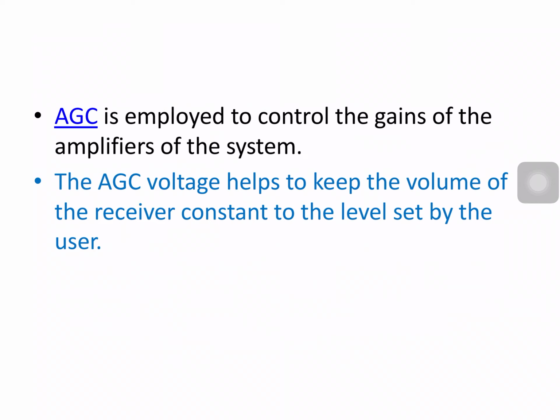So what you have to do now is draw these two block diagrams: the double conversion method of communication receiver and the FM demodulator block diagram, from the internet or from a book, from anywhere. This FM receiver block diagram and this double conversion communication receiver block diagram need to be remembered by you.